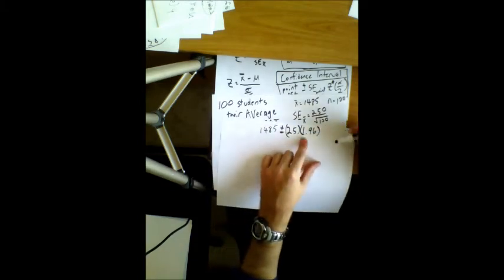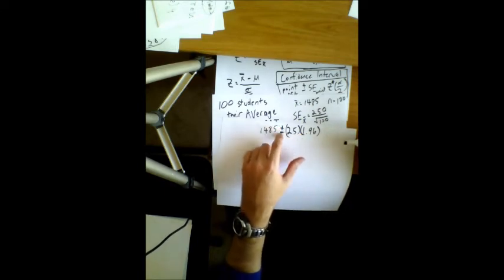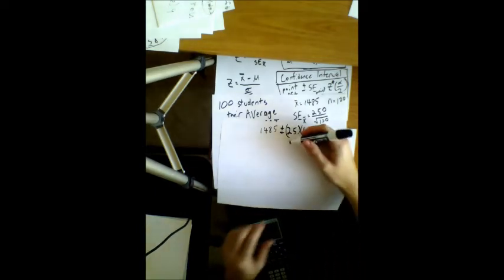So some of you out there might say, okay, we saw negative 1.96. It doesn't matter if you use positive 1.96 or negative 1.96 because of this plus or minus. 25 times 1.96 gives us 49 here.